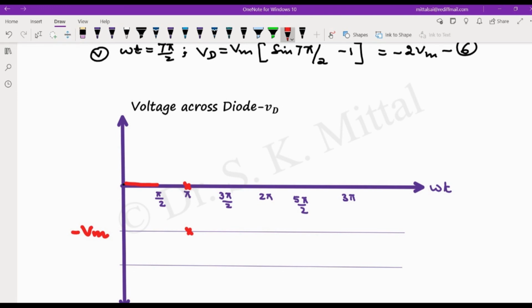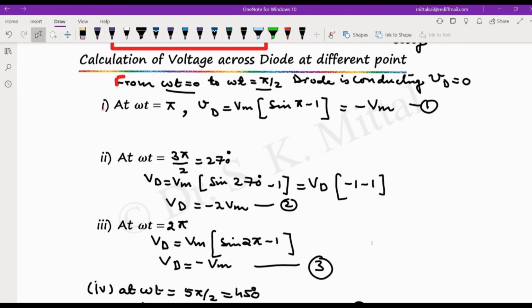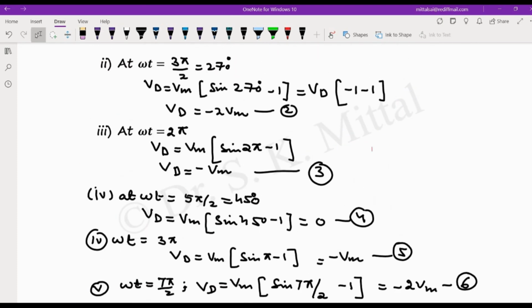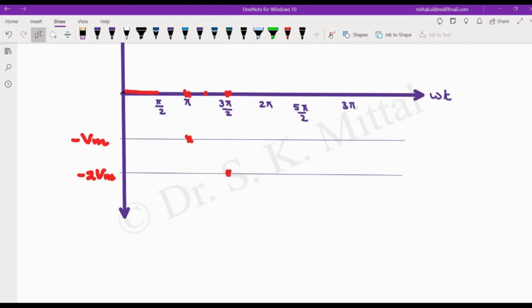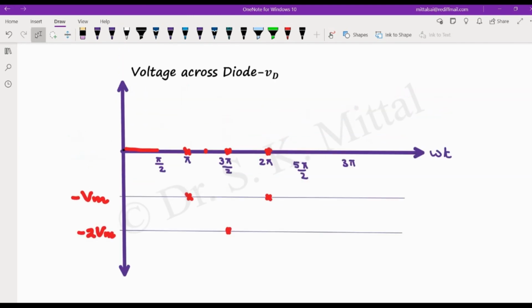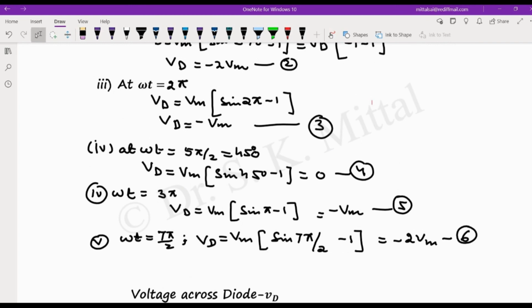Now at omega t is equal to 3 pi by 2, see what is the value? Minus 2 Vm. So this will be the point 3 pi by 2, and at this point the voltage is minus 2 Vm. Now again at omega t is equal to 2 pi, what is the value? Minus Vm. So this is the point 2 pi, and the voltage across diode is minus Vm. Then at omega t is equal to 5 pi by 2, what is the value? It is 0.